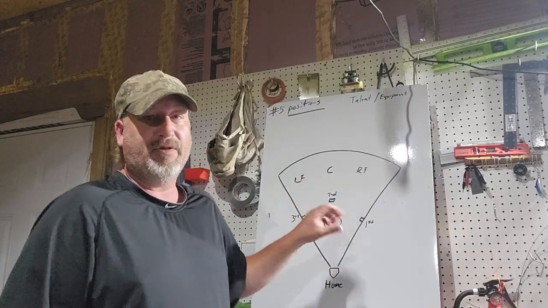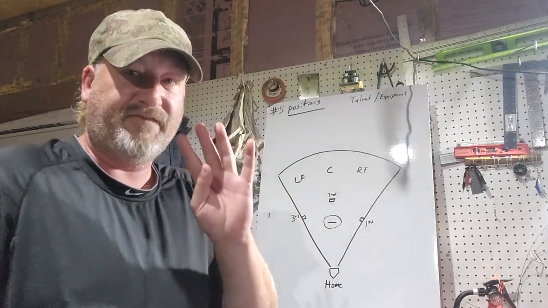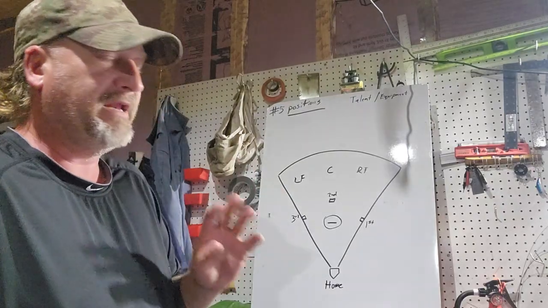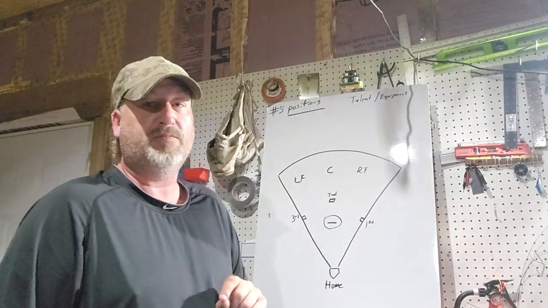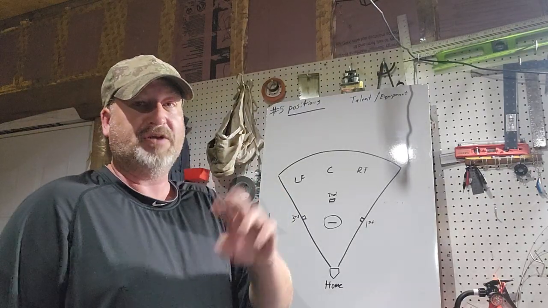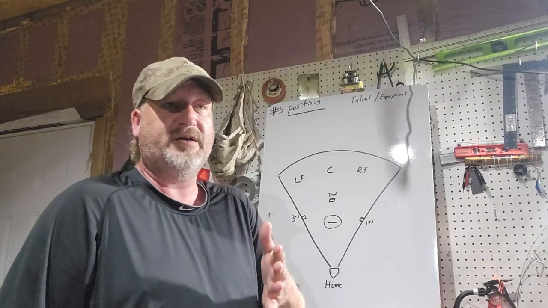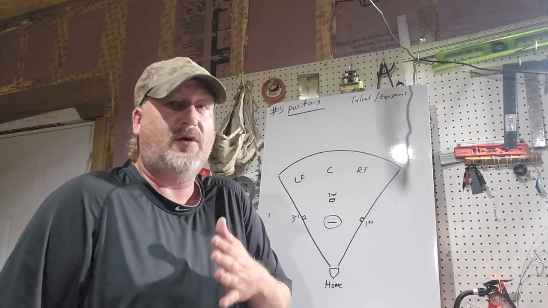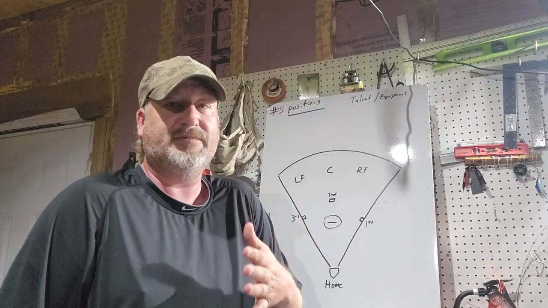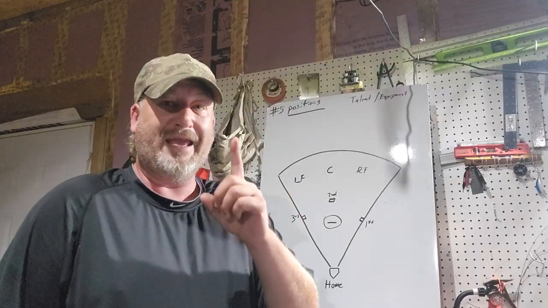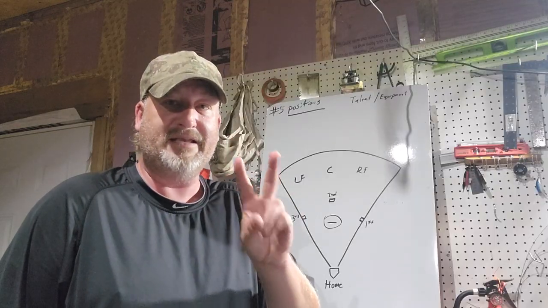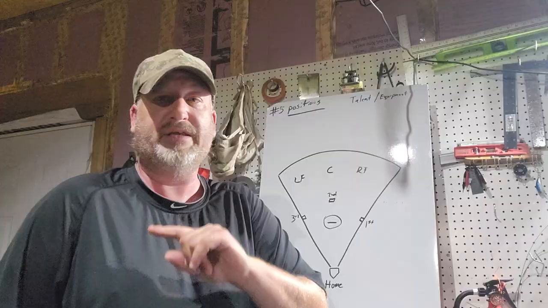Now, within the diamond of the bases, there are more than just 4 positions. Depending on the age level that you are also playing at, like I had mentioned before, if a team starts out with 15 players, they may have regulations where all players have to be on the field at the same time. Typically, they will add 1 to 2 players to the infield, and the rest go to the outfield.